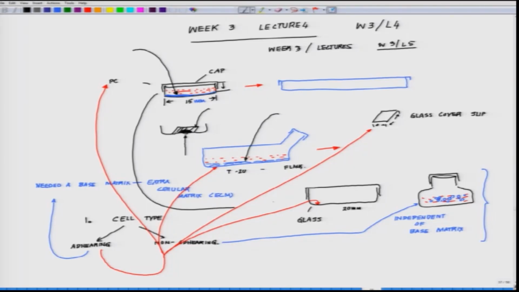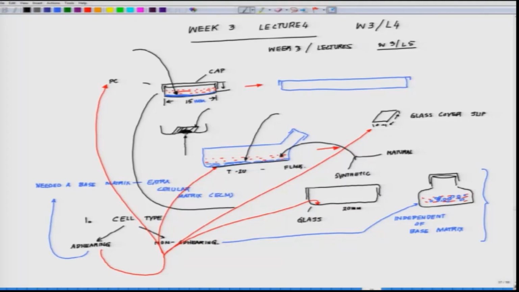So, we have these different kinds of vessels, and on top of that we can do a lot of modifications depending on what cell type we want to grow. We can either go by the synthetic route or by the natural route, and see what kind of interaction they will have.